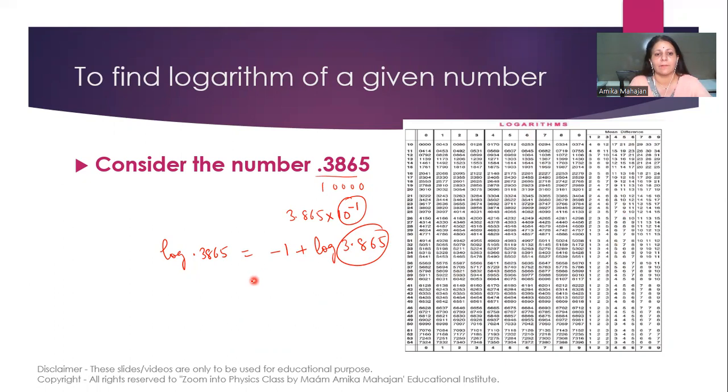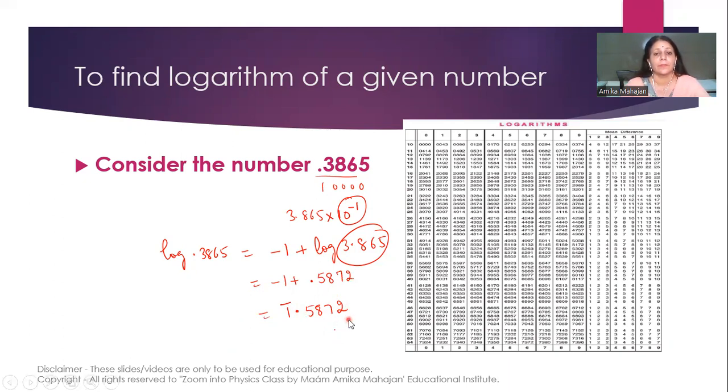Again what I find is 5872, but this number is lying between 1 and 10, so the log is between 0 and 1. So I will put a minus point here. It will be written as 1 bar 0.5872. This form is preferred because the mantissa is always kept positive.